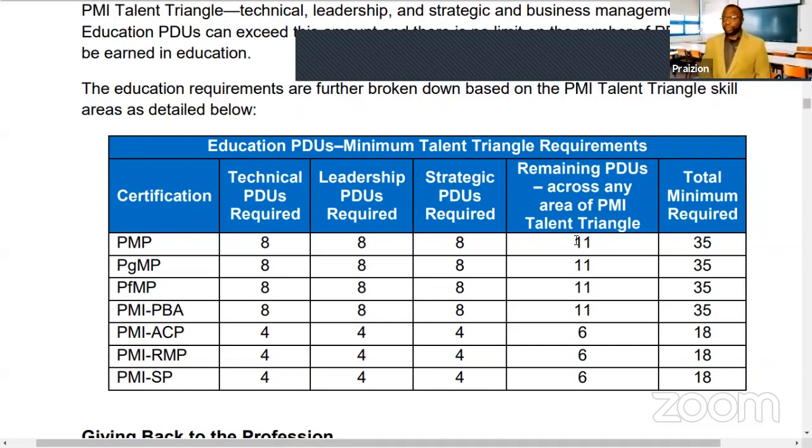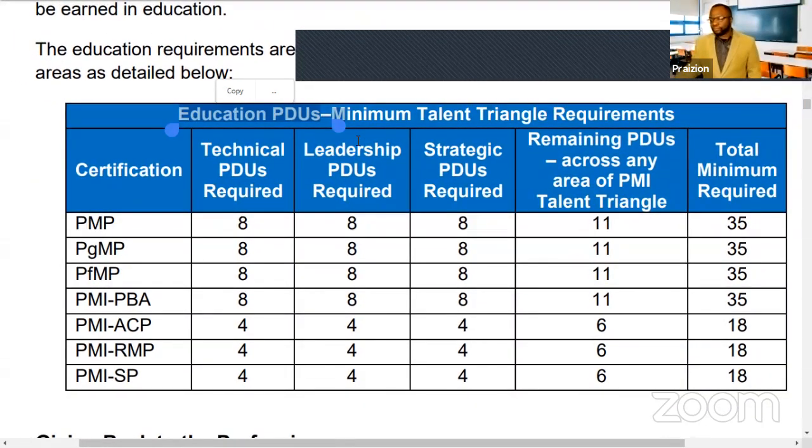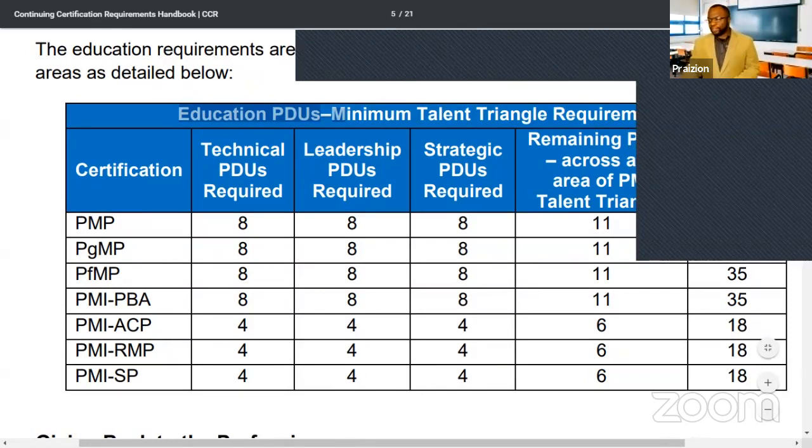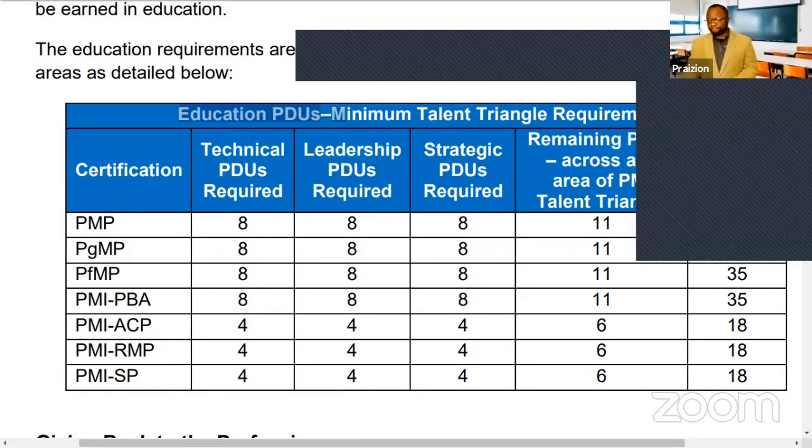So if you are a PMP, PMI wants you to spend 35 hours learning. This comes from education. You see, it says education PDUs. That means the PMI are looking for that amount of time spent in the education of you.